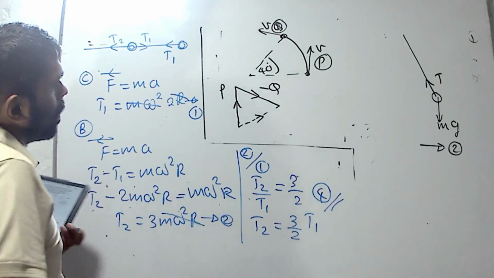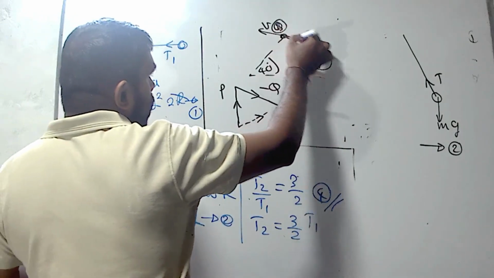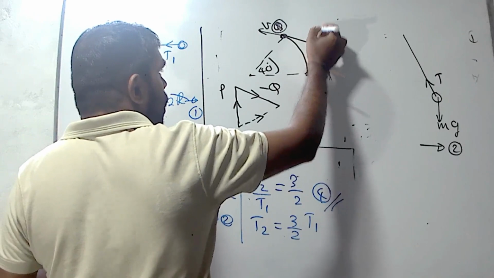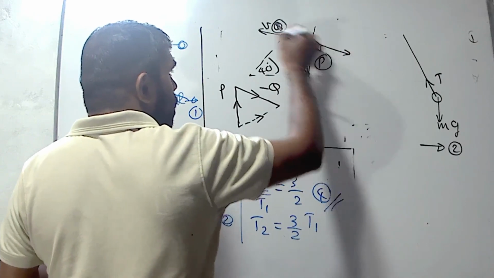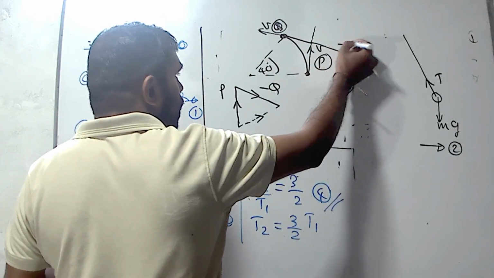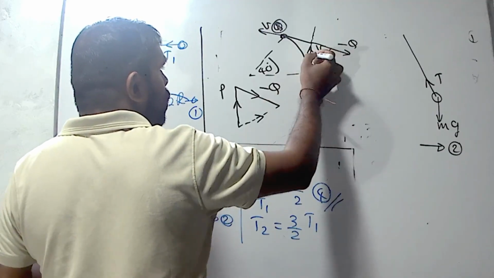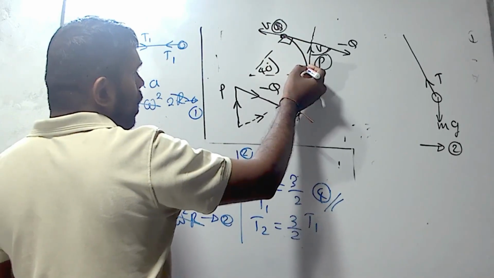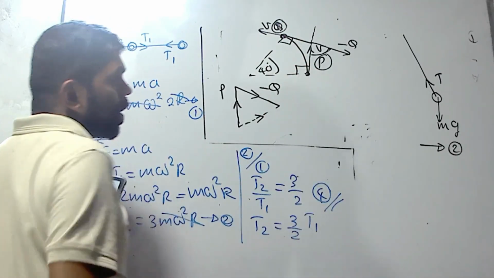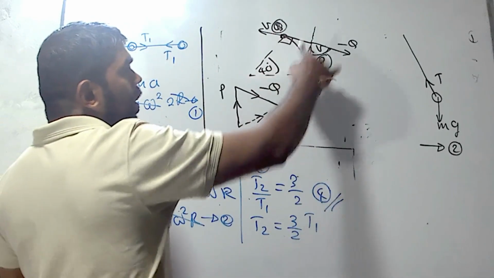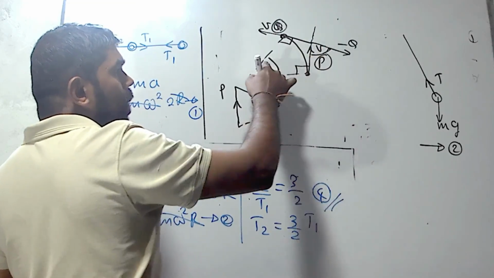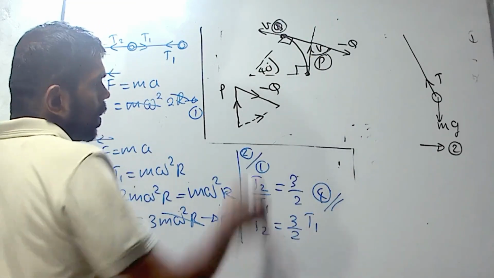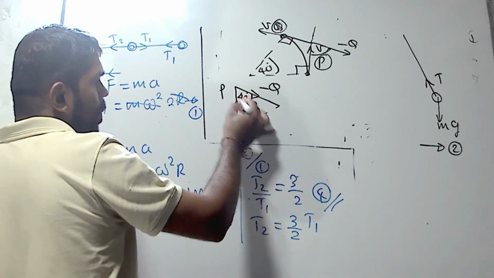And we know that when considering minus Q, it is in this direction. This angle is also 40 degrees because this angle is 90 and this angle is 90, so there is a cyclic quadrilateral. The exterior angle should be equal to the interior opposite angle. It means this angle is 40.